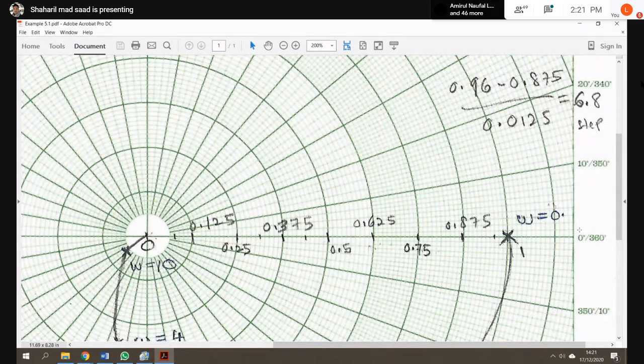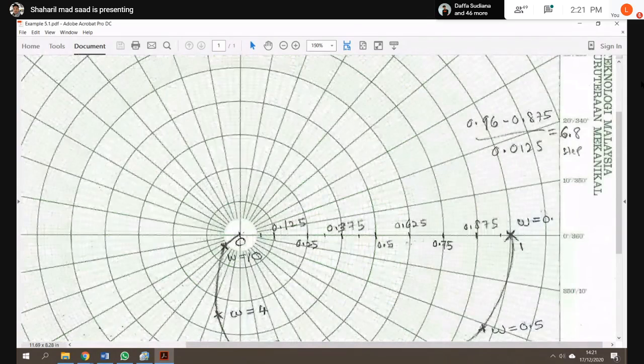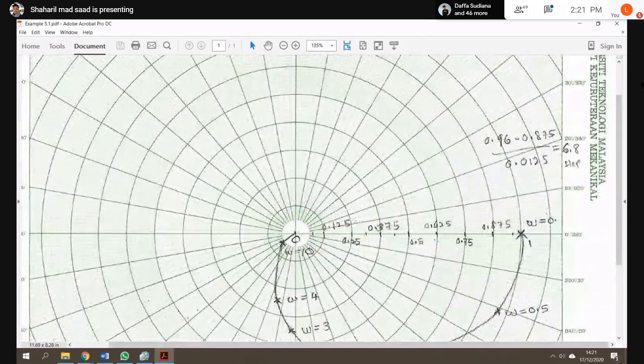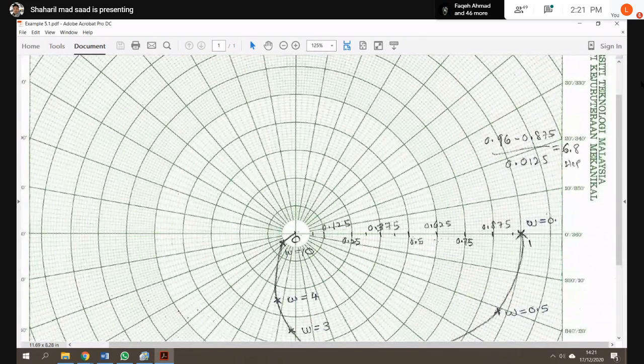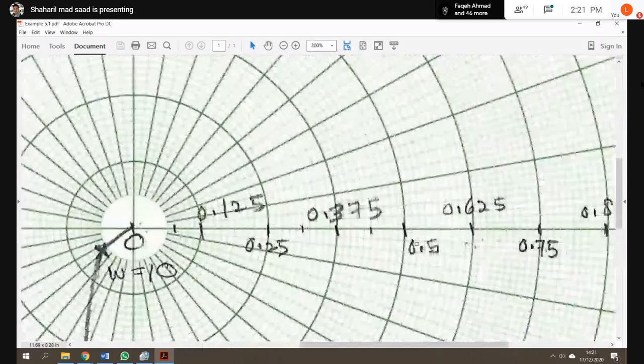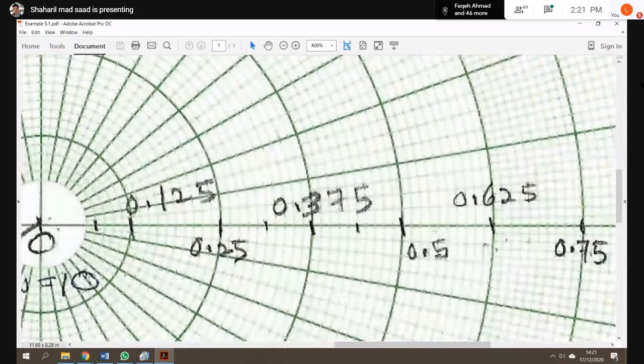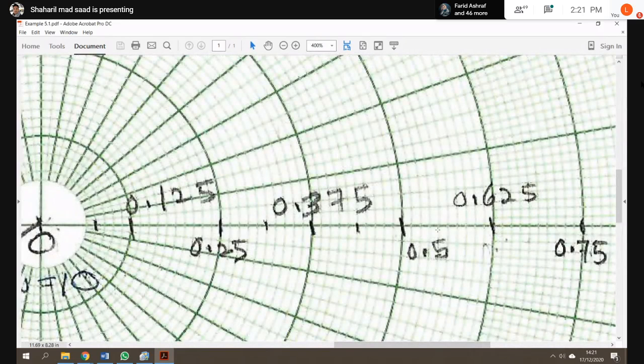That means this line is 1 degree, 2 degree, 3 degree, 4 degree, and so on. You will have another circle here, and so on, and the tick between them is also divided by 10: 1, 2, 3, 4, 5, 6, 7, 8, 9, 10.